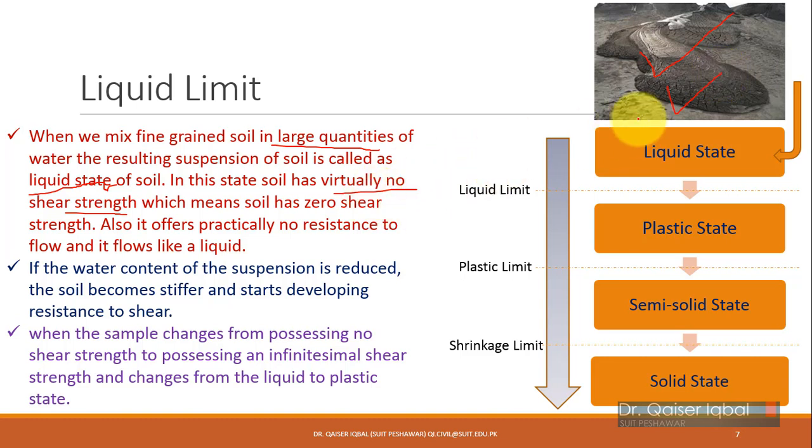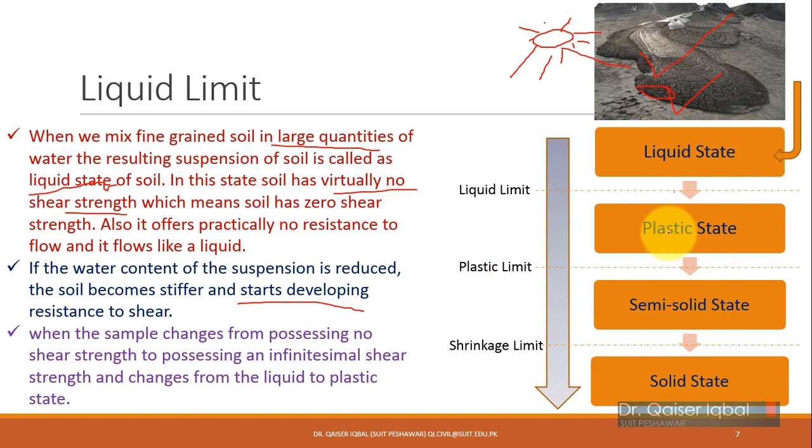So what we do is start drying it, okay, if it is left in the sun and the sun rays are striking it and reducing the water content, there will be a point where the moisture content will be reduced so much that it will start developing resistance to shear, okay, from totally liquid over here to having some resistance to shear, like you can see around these edges. Then in this state the soil will be known as at plastic state.